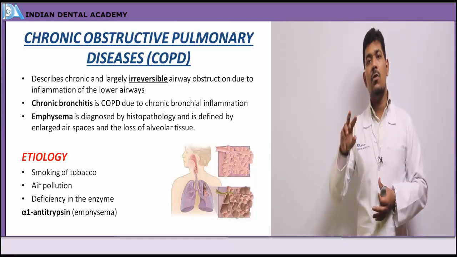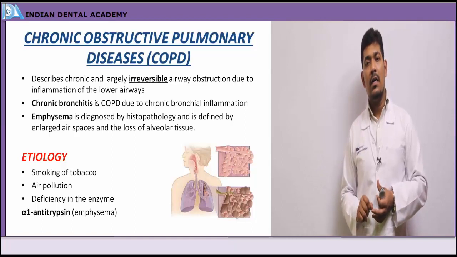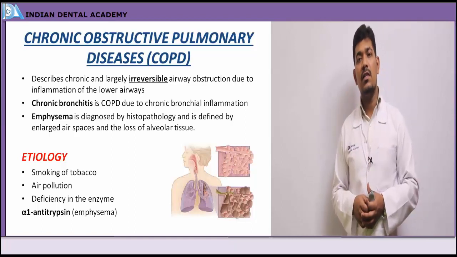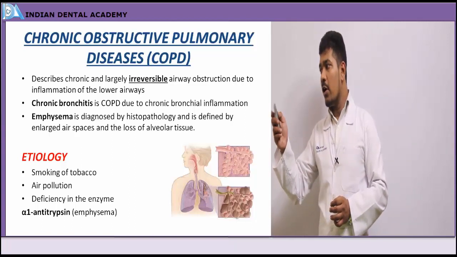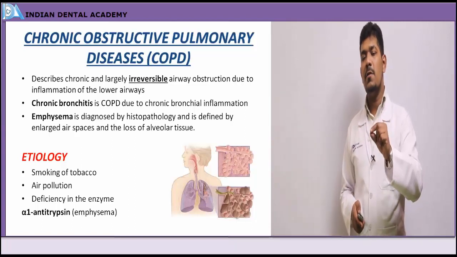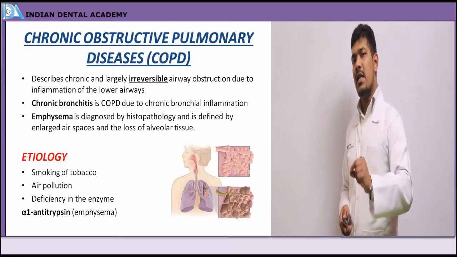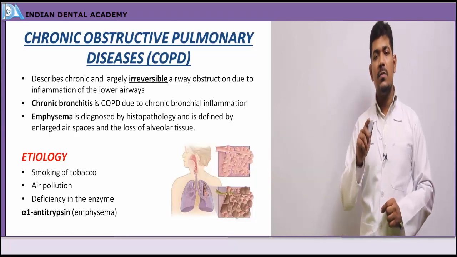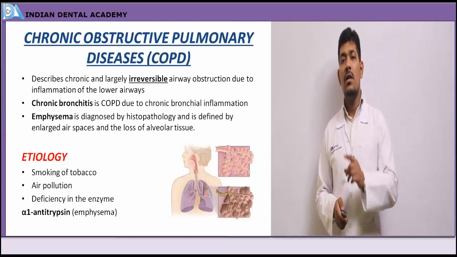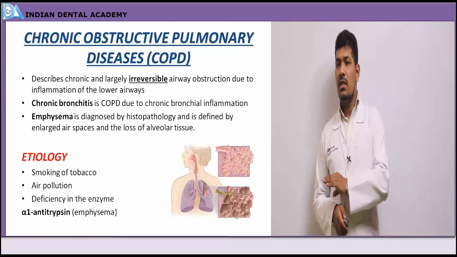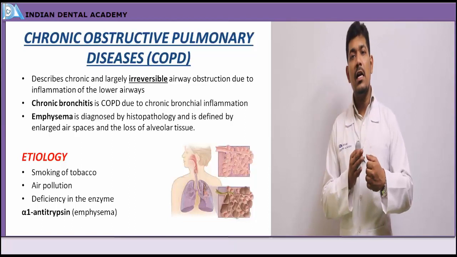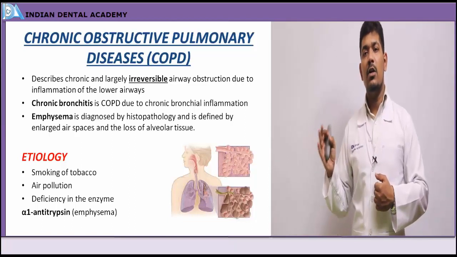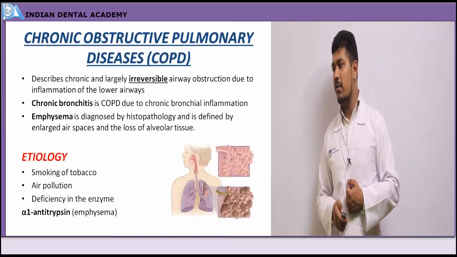So it decreases the O2 and CO2 transfer at these surface areas. Hence, there is difficulty in breathing. Now, the most important feature which typically describes COPD is the irreversible nature of inflammation. So there's no cure for this at present, and it is an irreversible, continuously progressive condition seen in few individuals.